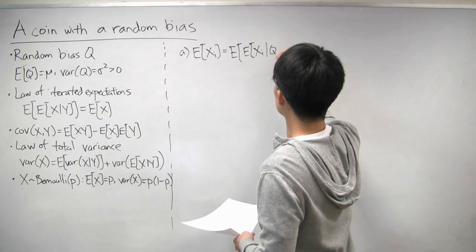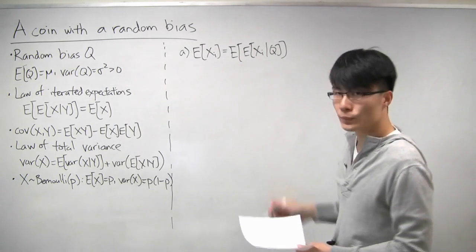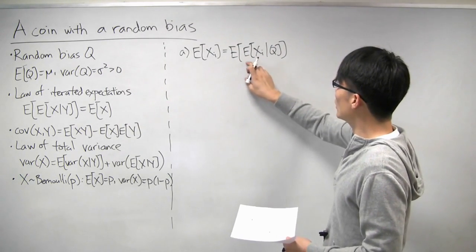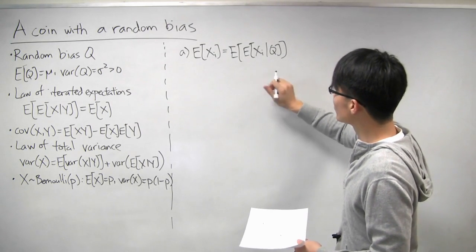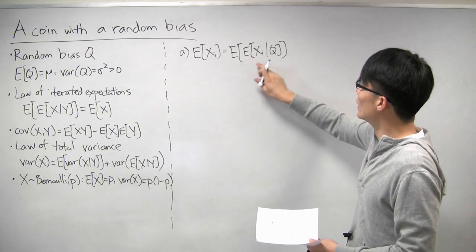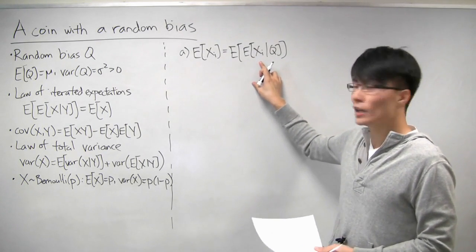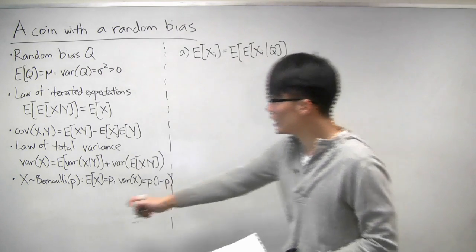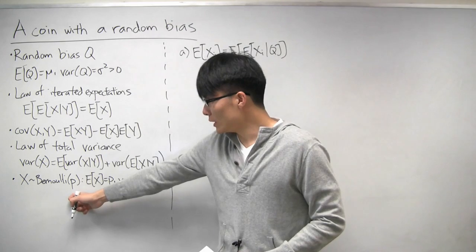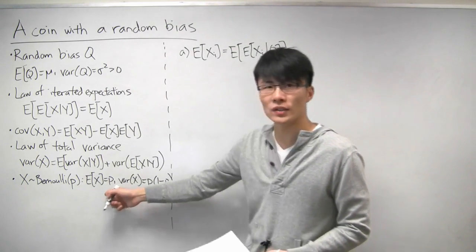So we write out the law of iterated expectations with q. Now, hopefully, we can simplify what this inner conditional expectation is. It's saying, given what q is, what is the expectation of this Bernoulli random variable xi? Well, we know that if we knew what the bias was, then the expectation is just the bias itself.